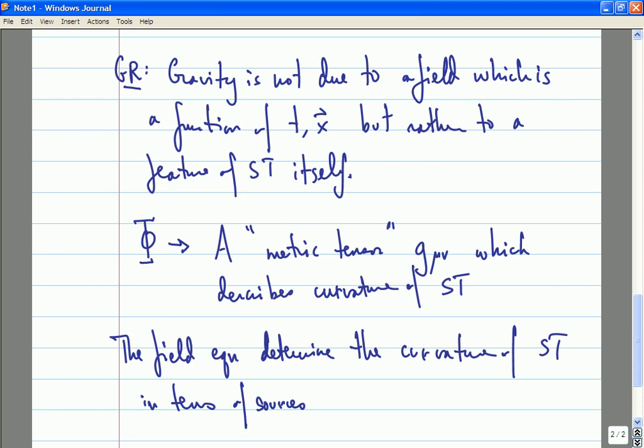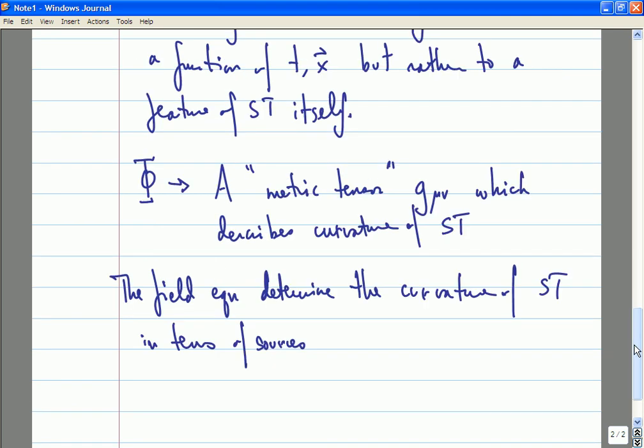So just like the equation of Newtonian gravity that I wrote down for you earlier, this equation is a second-order differential equation for the metric tensor, g mu nu. Let me write it down for you.